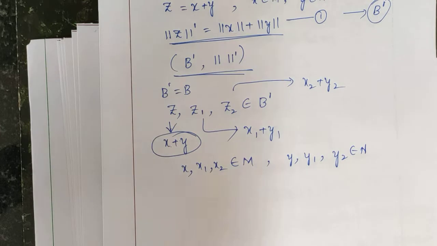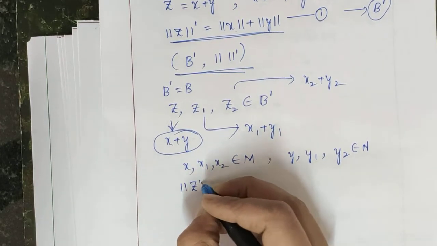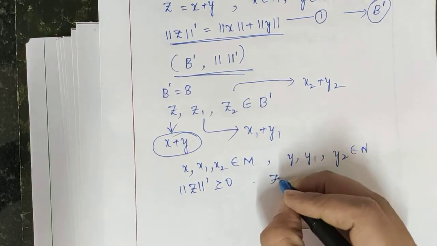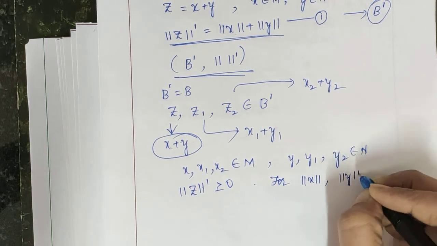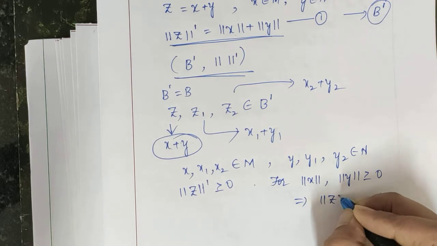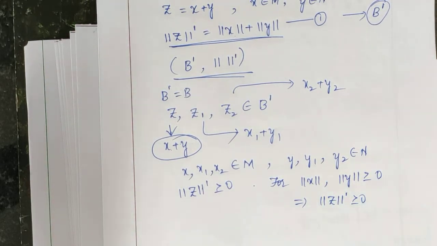So the first case is obvious. We know that norm Z prime is always greater than or equal to 0 because norm X and norm Y are greater than or equal to 0. This implies norm Z prime is greater than or equal to 0. We can write in this way.